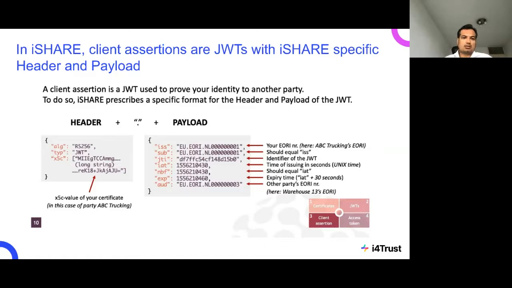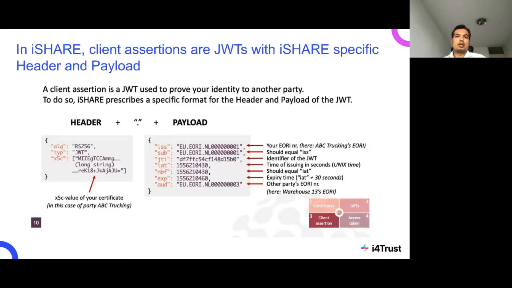IAT basically means the issued-at time. When was this client assertion issued? You can also specify that it cannot be used before a certain time. So it's again a timestamp, and then the expiry. The expiry is supposed to be 30 seconds from the issued time, because we want to maintain security. When the client assertion is issued, it expires in 30 seconds.